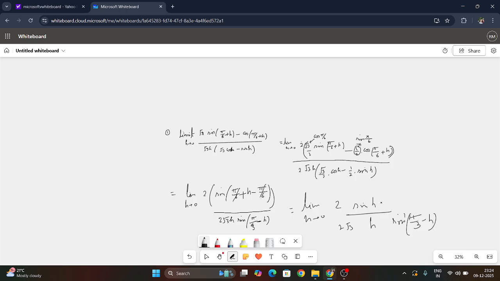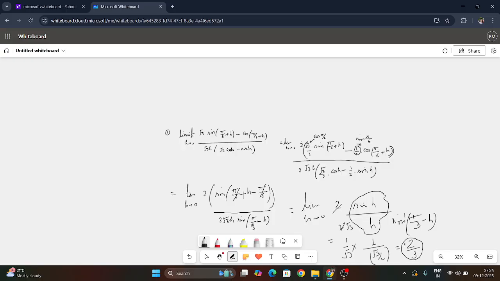Since h tends to 0, sin h by h goes to 1. The 2s cancel, giving 1 by root 3 times 1 by sin(pi by 3 minus 0), and sin 60 is root 3 by 2. So the answer is 2 by 3.